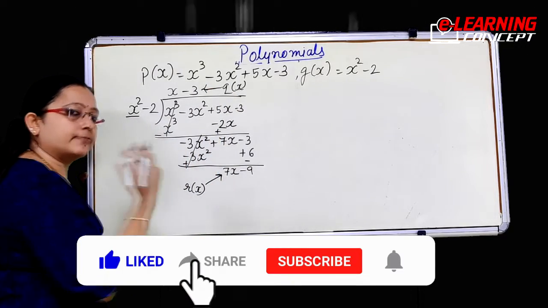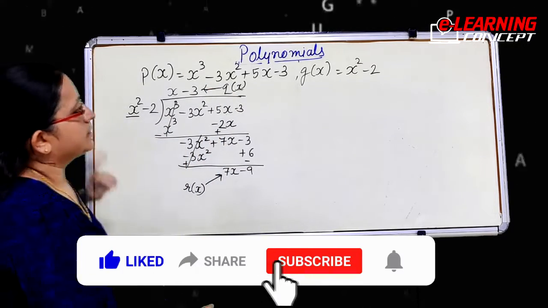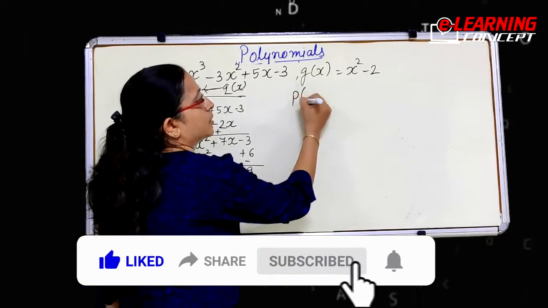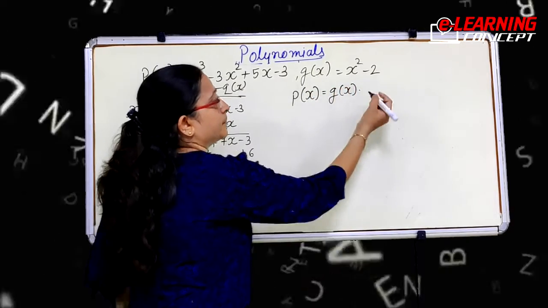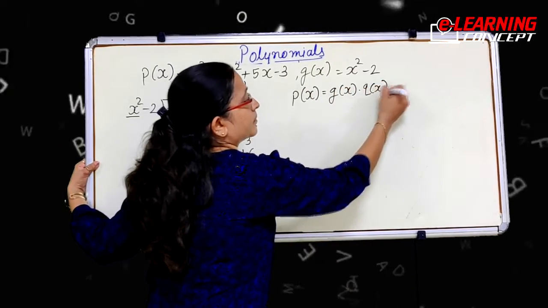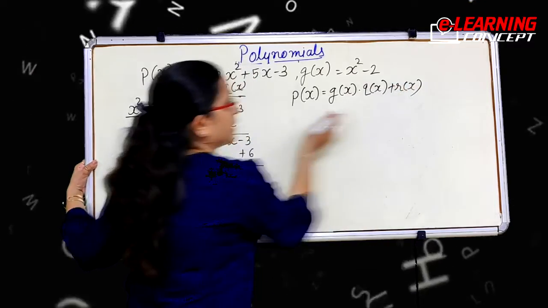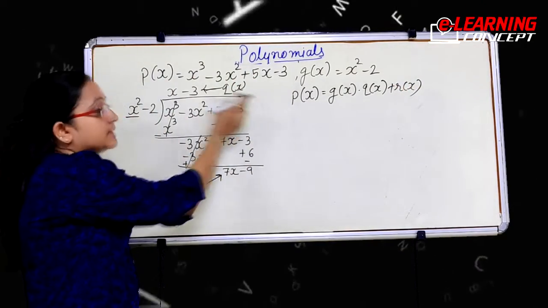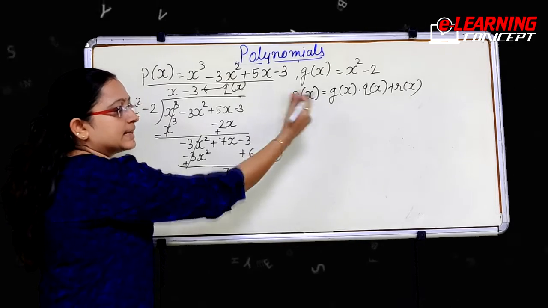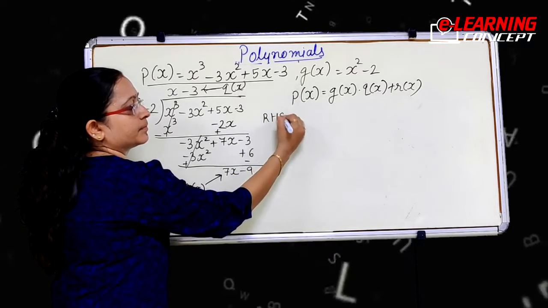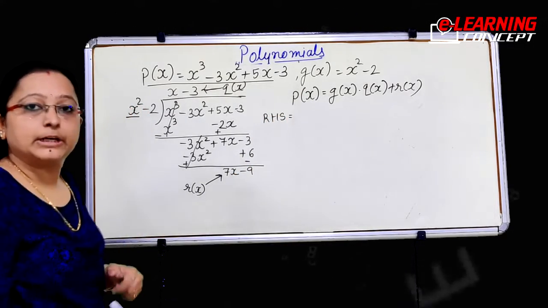Now how will we verify it? Let us see. According to the division algorithm, p of x is equal to g of x into q of x plus r of x. LHS is our question p of x. So when we are solving RHS, what will we do?